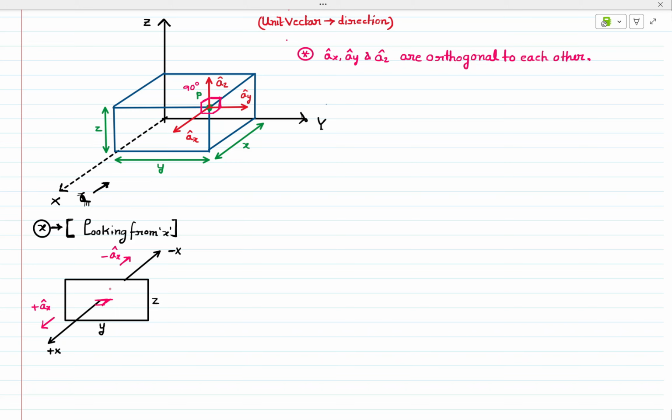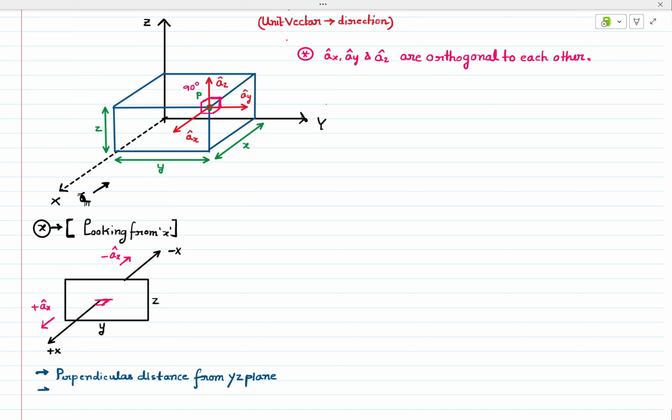That is nothing but the perpendicular distance from the YZ plane. As this minus X to plus X line is an infinite line of infinite distance, this infinite line is perpendicular on the YZ plane. So X is the perpendicular distance from the YZ plane.